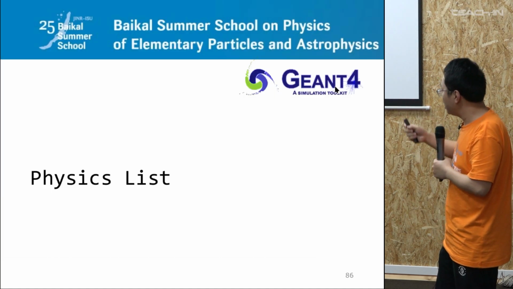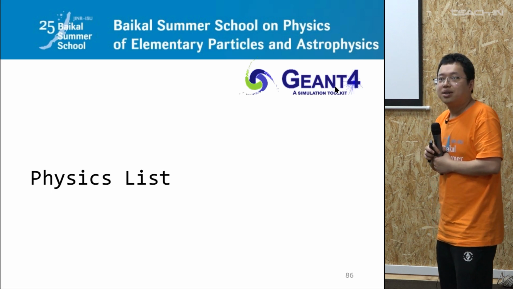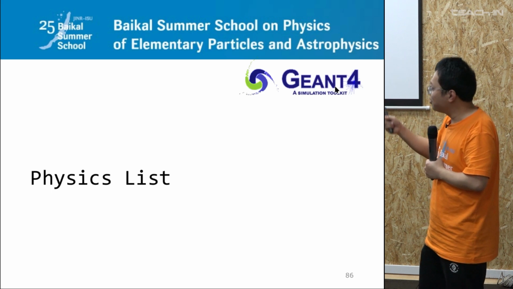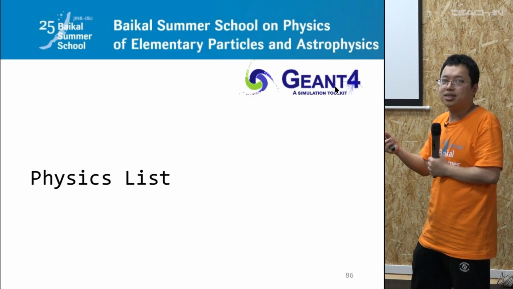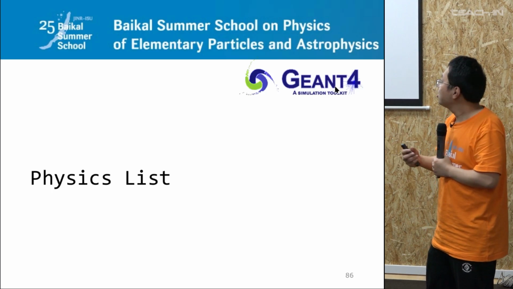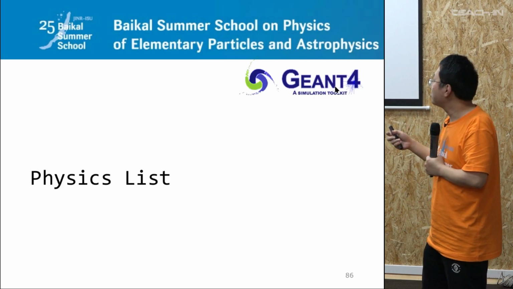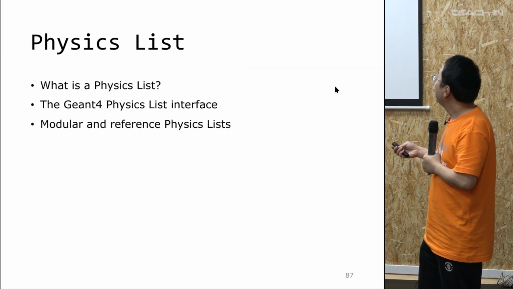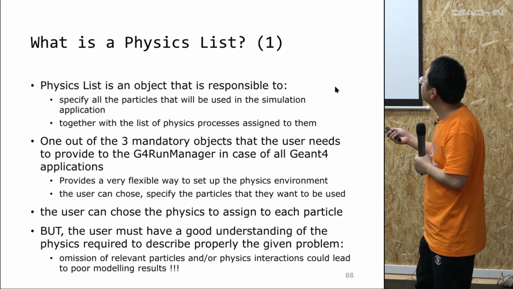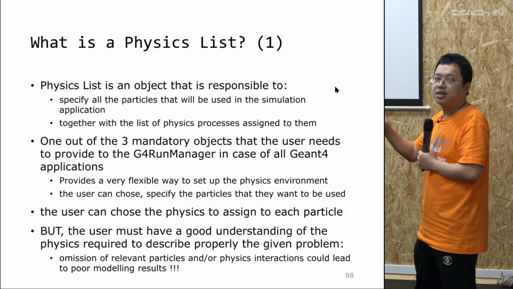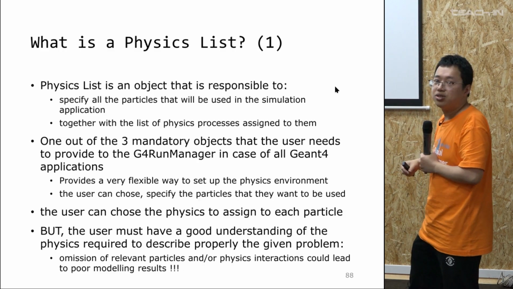Okay, then another important part in Geant4 is called the physics list. Because as you saw in my previous talk, there are a lot of physics processes and also different models. So how to pick the correct ones? In Geant4, that's actually very challenging. So Geant4 provides this interface to describe all this information, so the processes will be registered into Geant4.